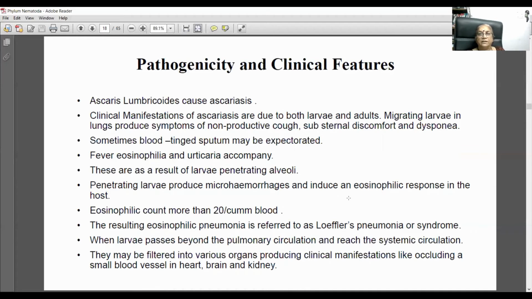Now, you know that the larvae are migrating in the body, in the portal circulation, in the systemic circulation, etc., in the stomach, intestine, and all. So this migrating larvae are going to cause certain clinical features.